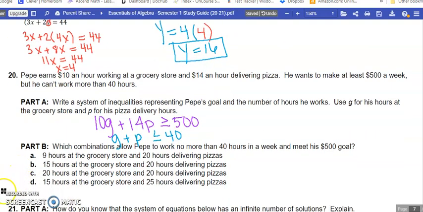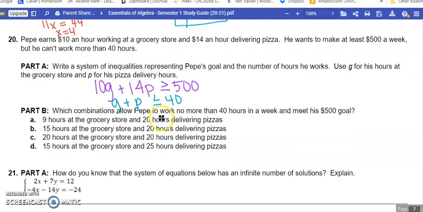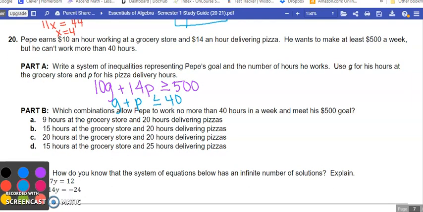Which combination allows Pepe to work no more than 40 hours in a week and meet his goal of 500? So essentially it's saying which of these combinations, again, is a solution to this system of equations. So there's lots of different ways to do this. You could plug and chug, or you could graph this and see if it's a solution to the graph, visually. If it were me, I'd probably graph it, but for you guys, I'll show you a plug and chug since I know that not everybody's visual.